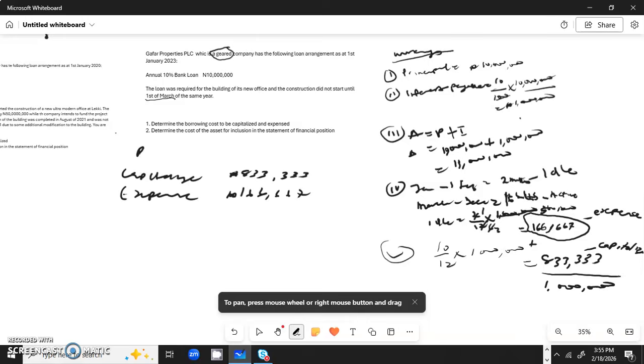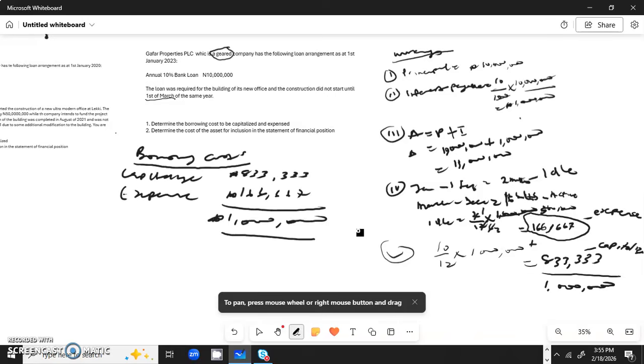So this is borrowing cost, a total of 1 million naira.